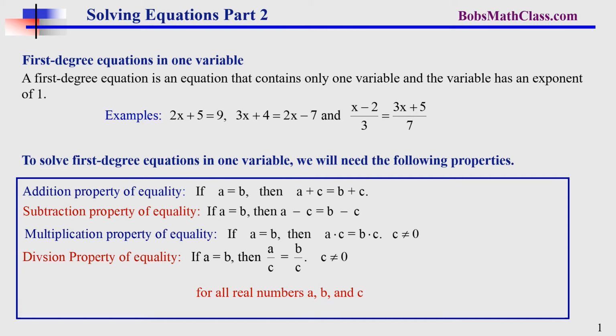Again, c cannot equal 0. So these are true for all real numbers a, b, and c, except for c equals 0 for the multiplication and division properties of equality. Okay, so these are the properties that we're going to use for these next examples.